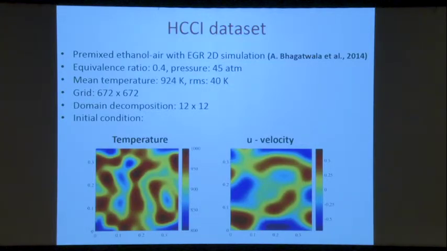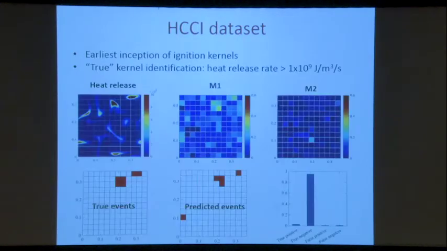We subdivided this computational domain into 144 subdomains, and then we computed the anomaly detection on this data. So this is what happened when we evaluated the anomaly detection algorithm to detect, again here, the earliest inception of ignition.